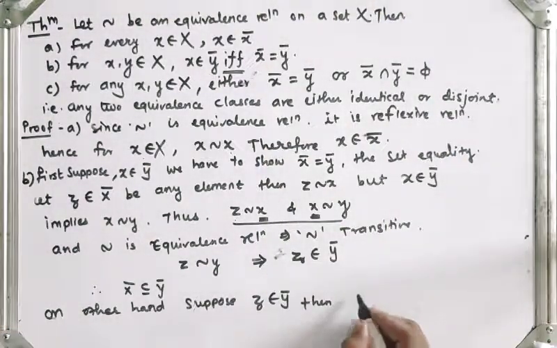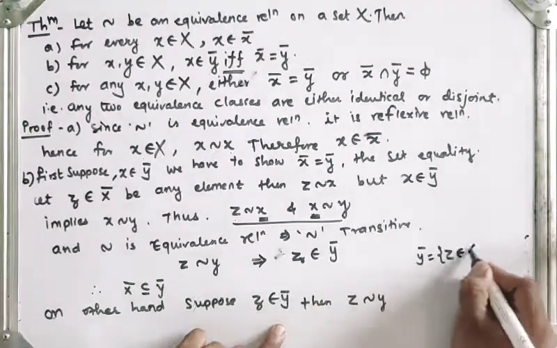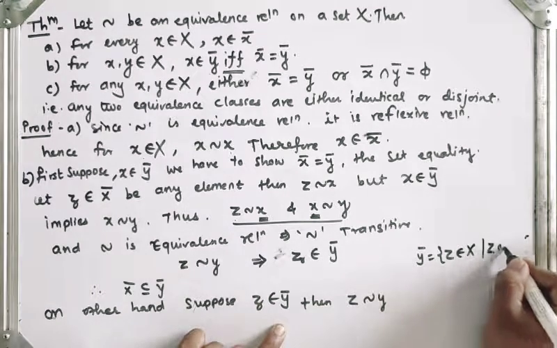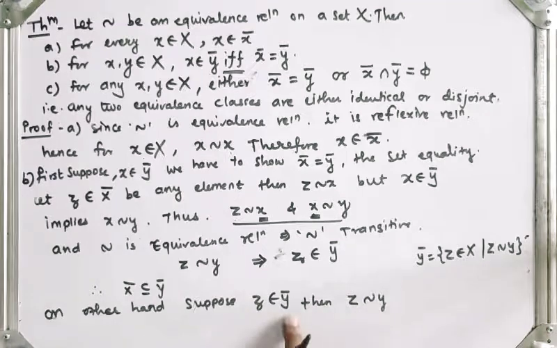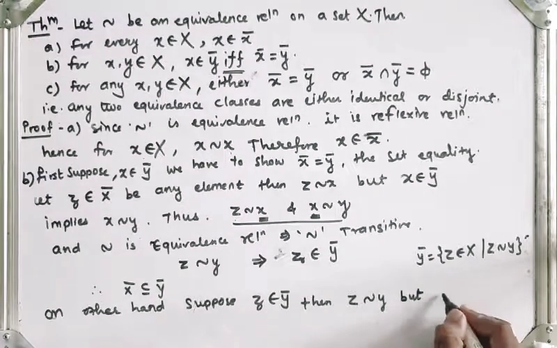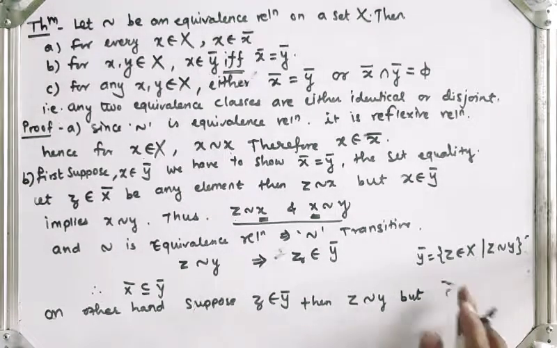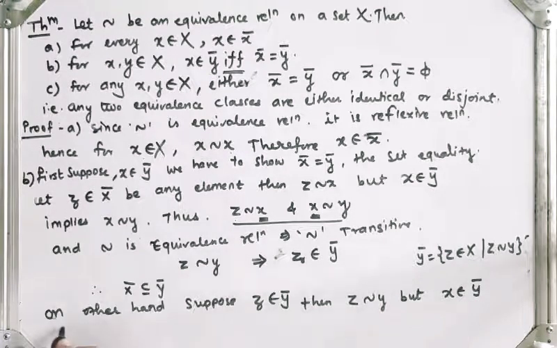Then I get z equivalent to y, because y bar is equal to the set of all z belonging to X such that z equivalent to y. This is the definition of the equivalence class. If z belongs to y bar, then z equivalent to y, but what is given is x belongs to y bar, which means x belongs to the equivalence class of y, which implies that x equivalent to y.